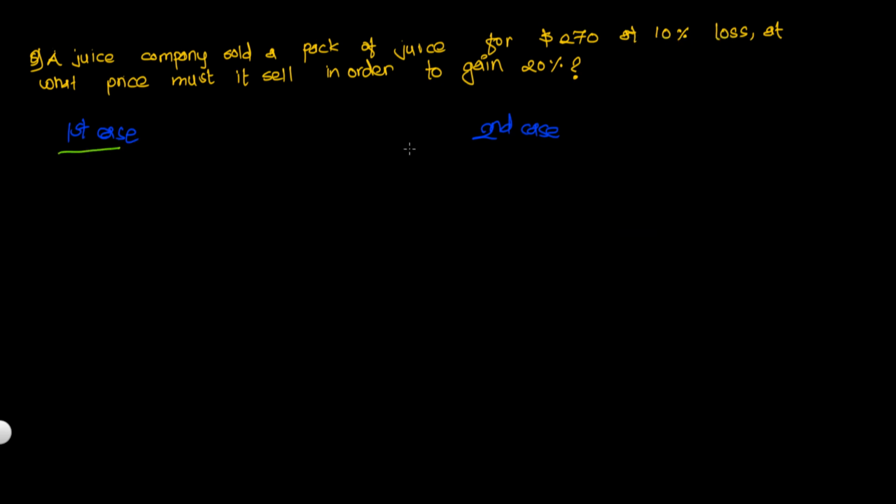The first case tells us that the juice company's SP is $2.70 because it sold at $2.70 to get a loss of 10%. Whereas in the second case, the company wants to gain a profit of 20%.